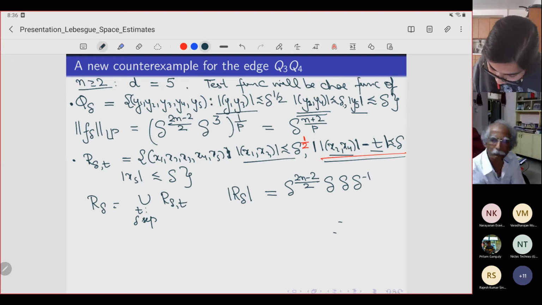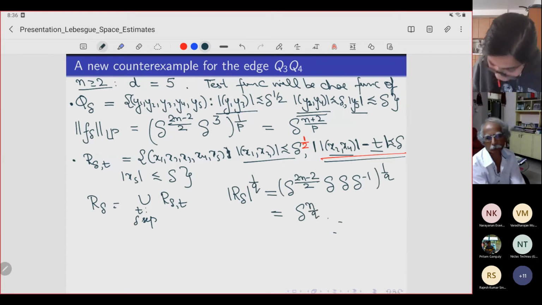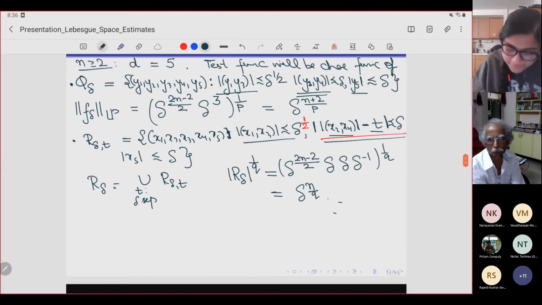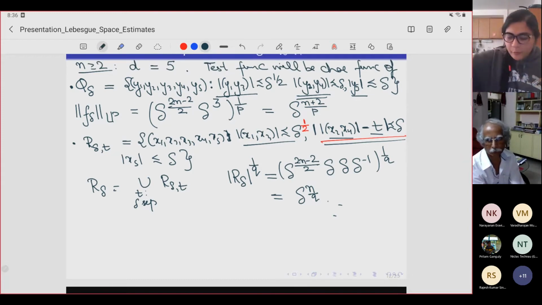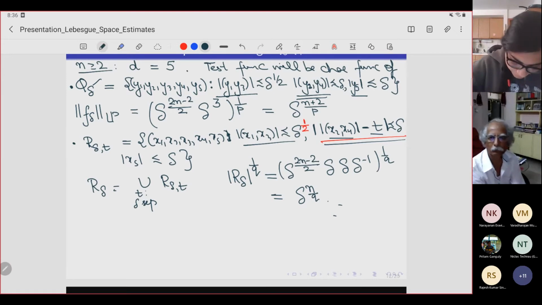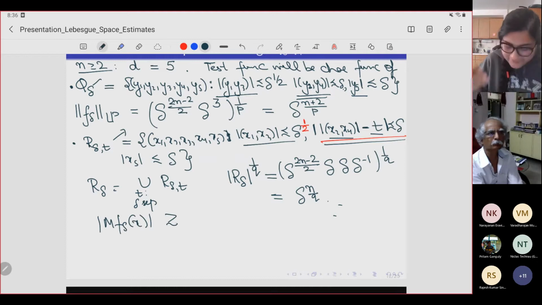So this would just be delta to the power n. And then you'll be looking at the LQ norm. So this is just delta to the power n over q. Yeah. And then finally, when you look at how much of a portion this Q delta would catch when you take averages centered at points in R delta t, you would see that MF delta x is greater than or equal to, and again the same thing will happen.